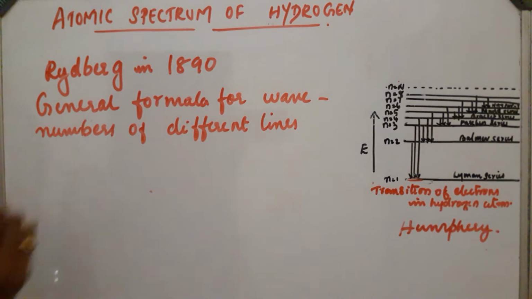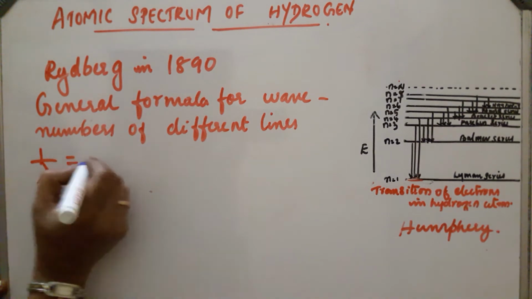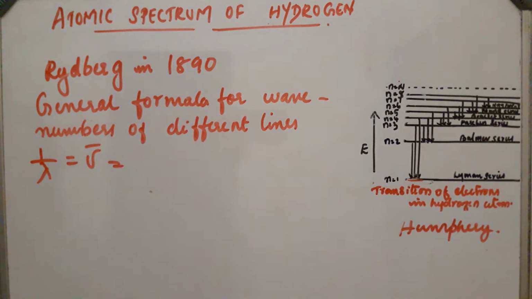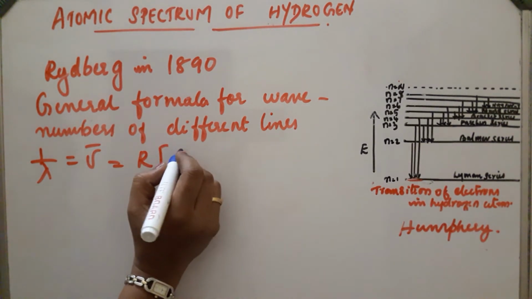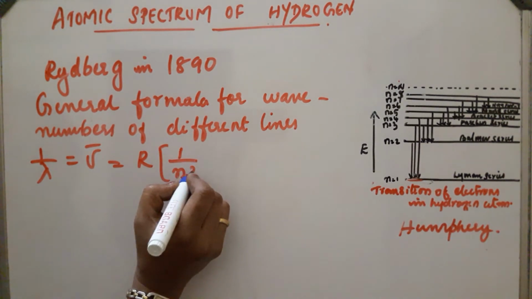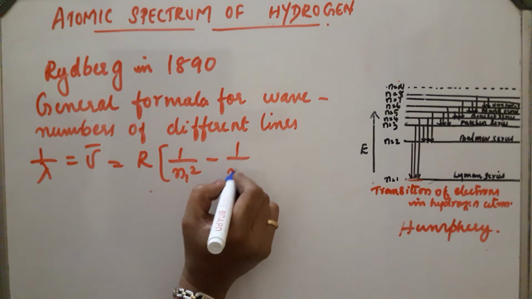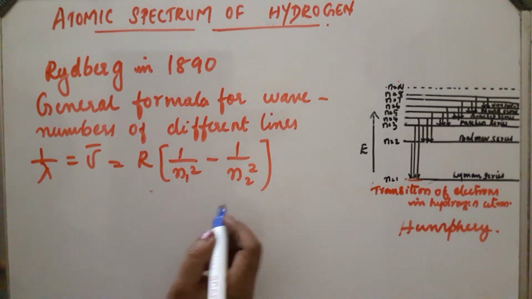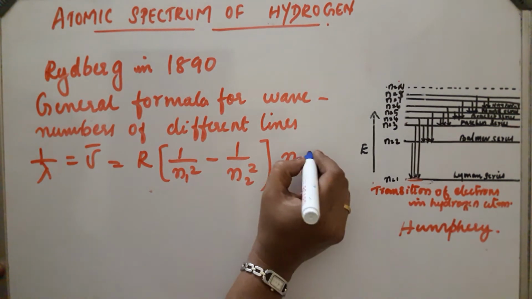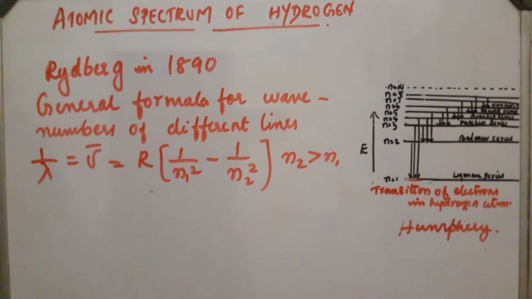So the equation is 1 by lambda, or we can say nu bar, the wave number, is equal to R, which is the Rydberg constant, times 1 by n1 square minus 1 by n2 square. And we know n2 is always greater than n1.